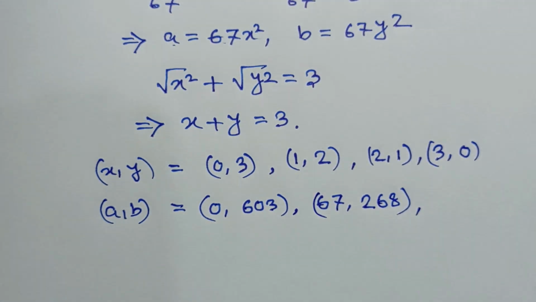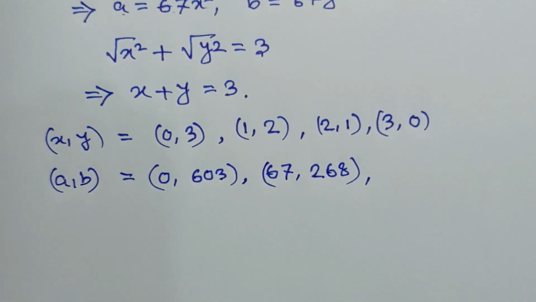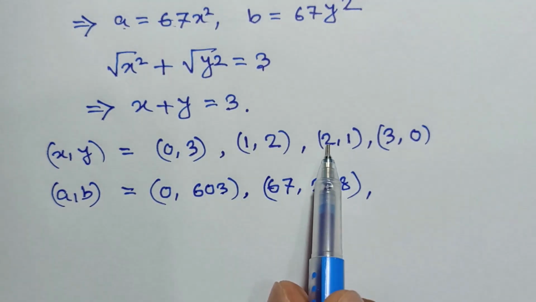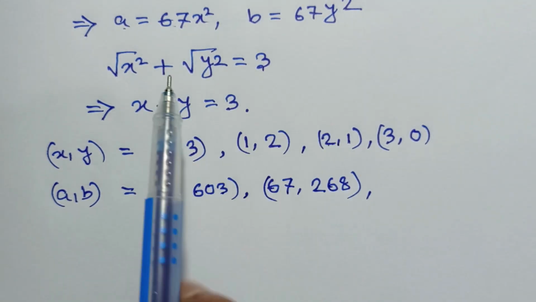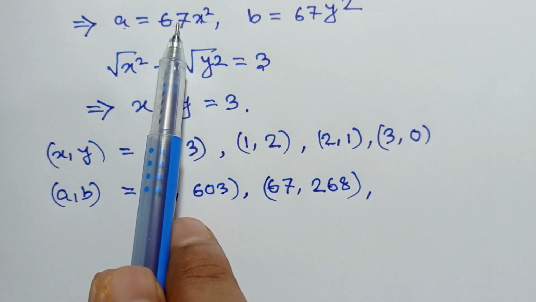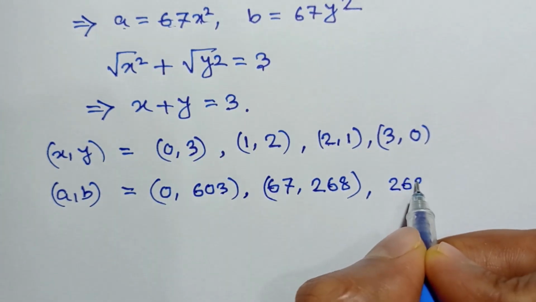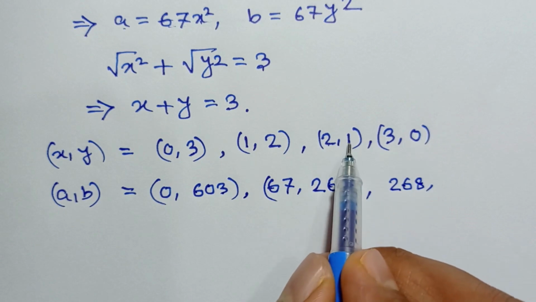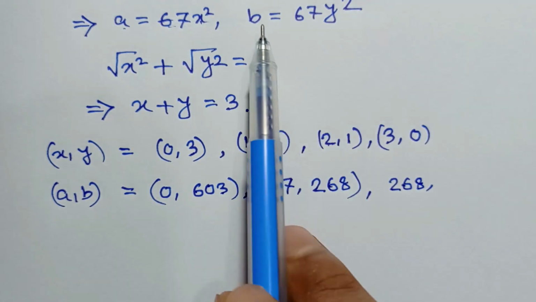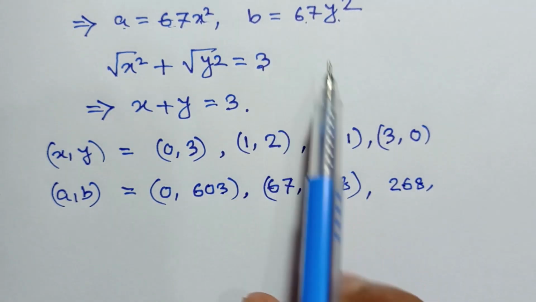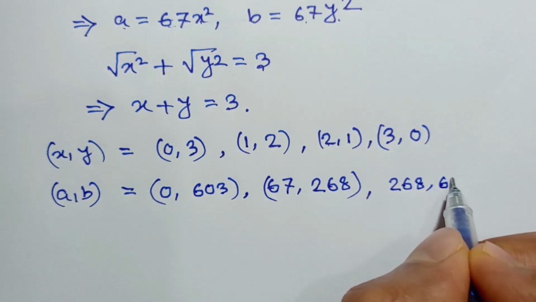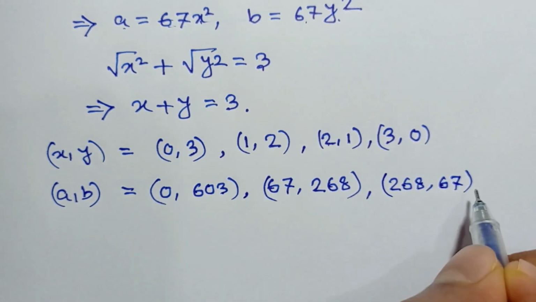When x is equal to 2, then a is equal to 4 times 67, which is equal to 268, and when y is equal to 1, then b is equal to 1 times 67, which is equal to 67.